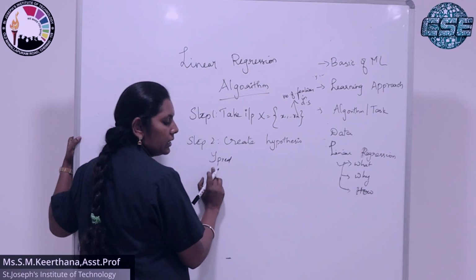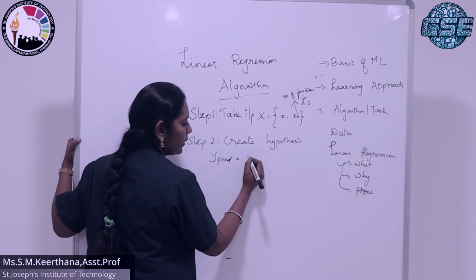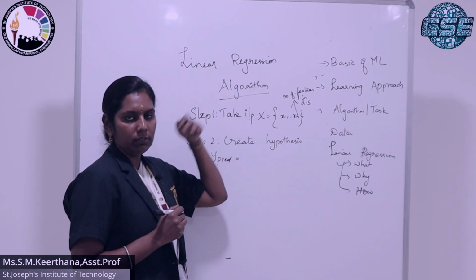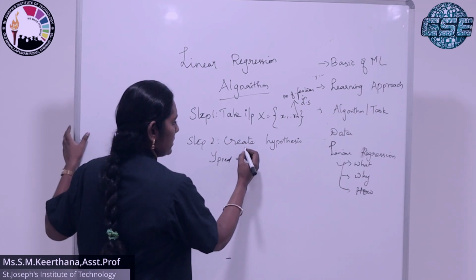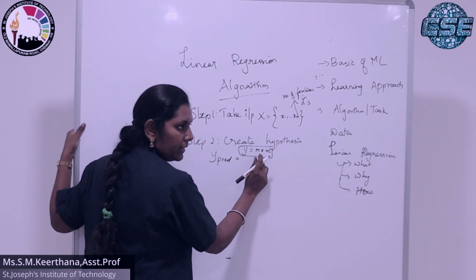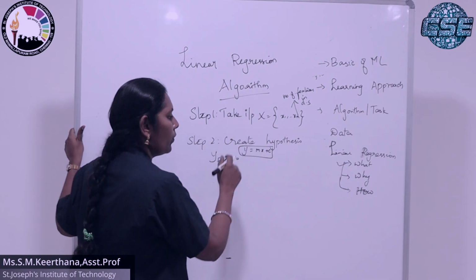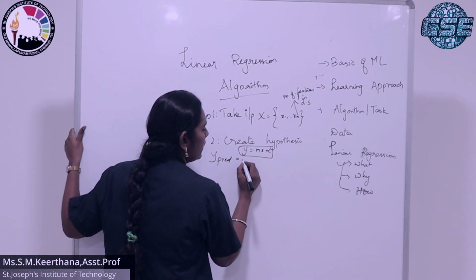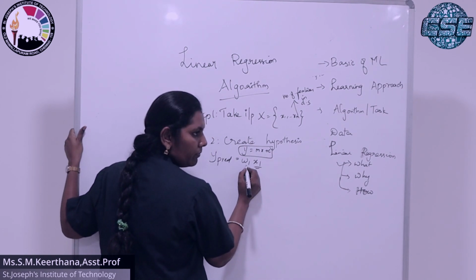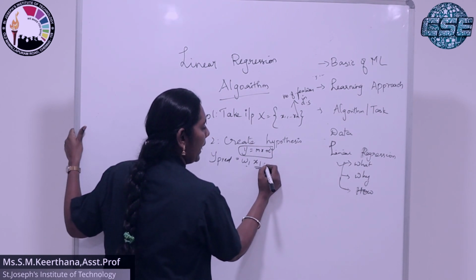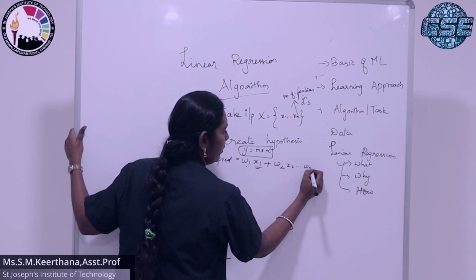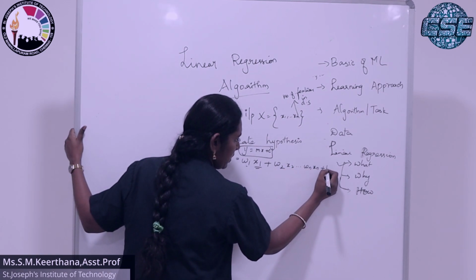That is why I have mentioned it as y prediction, which is equal to, since it is a linear regression, we are going to use the line equation which we studied in our smaller standards, like y is equal to mx plus c. So based on this line equation we are going to create a hypothesis for our machine learning linear regression model. So we are going to create a weight for this specific input. This is the weightage given to this particular attribute, up to wn xn plus bias.